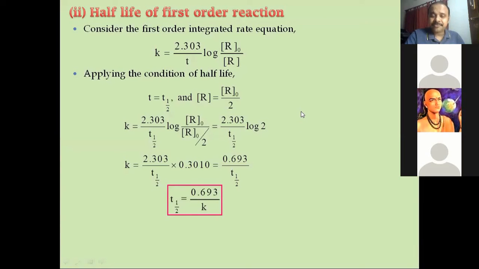Radioactivity is the answer. In radioactivity, half-life remains constant. We have also concluded before that radioactivity is a first order reaction, or we say radioactivity follows first order kinetics. So you take a radioactive element.